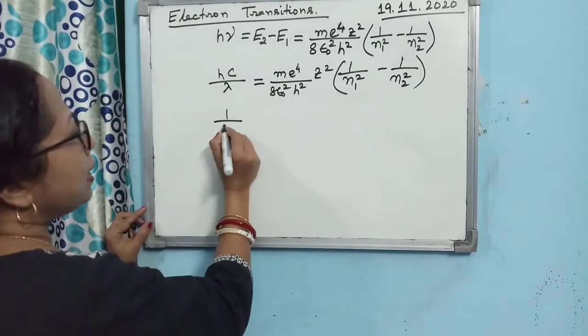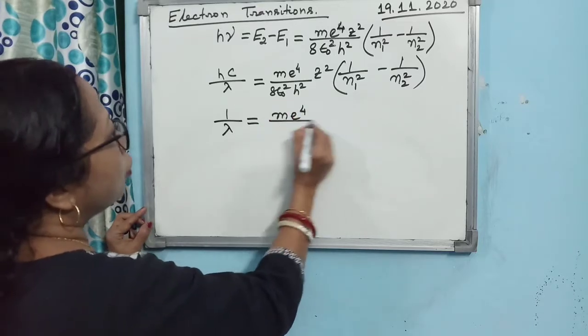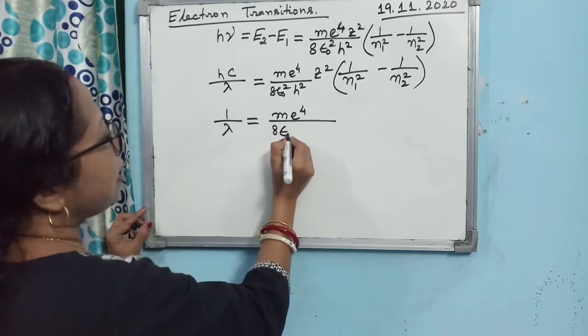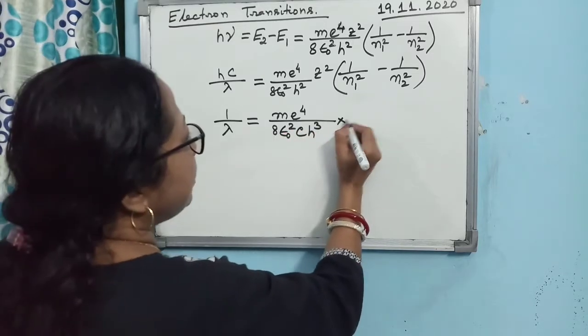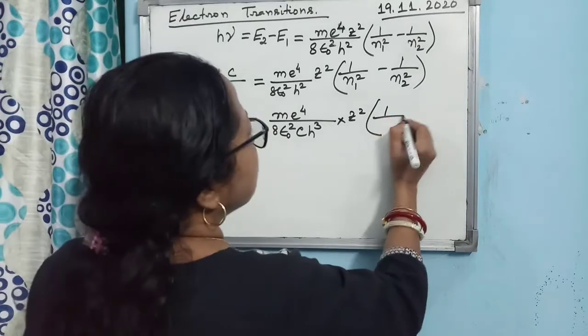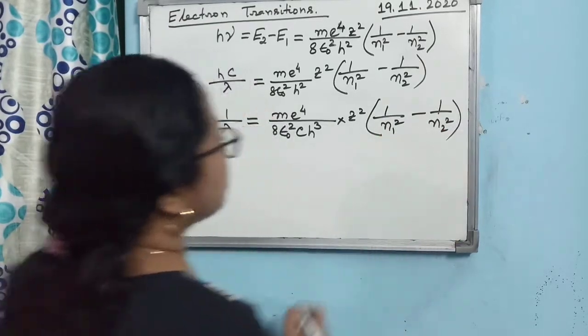So 1 by lambda you can write as m e to the power 4 divided by 8 epsilon naught square c h cube into z square into 1 by n1 square minus 1 by n2 square.